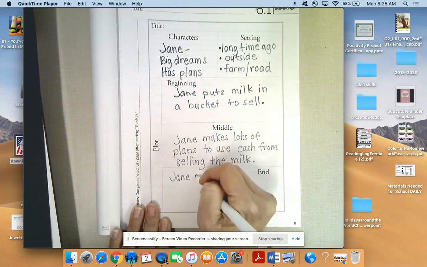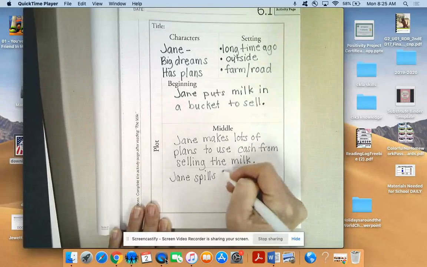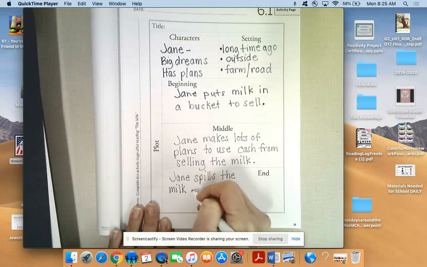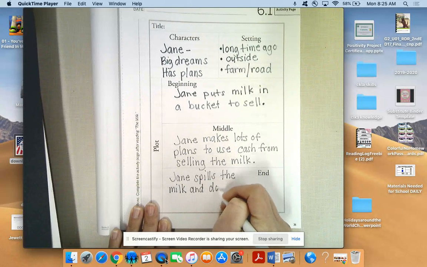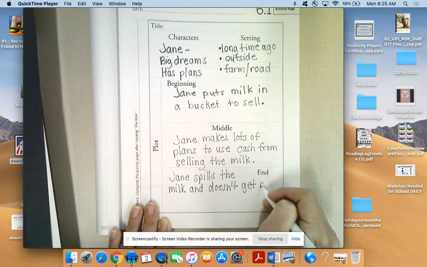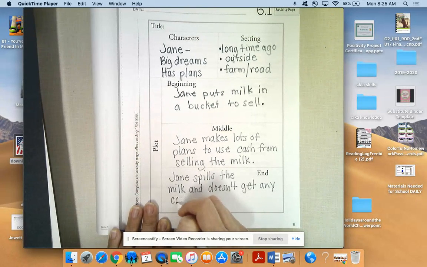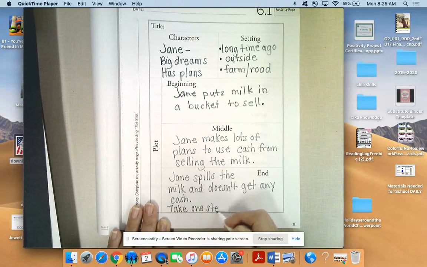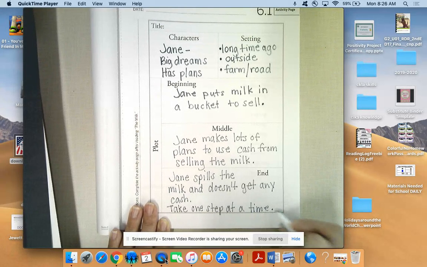Jane spills the milk and doesn't get any cash. And I remember it said in the book, the moral of the story, I think, was take one step at a time, which correlates with don't spend your money before you get it.